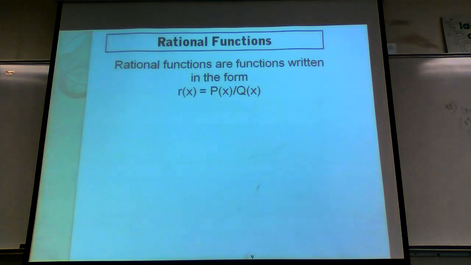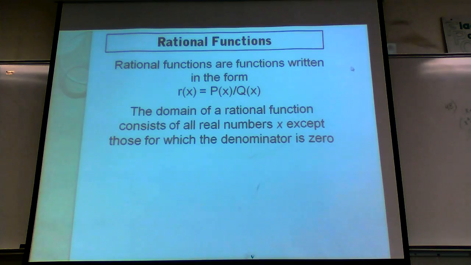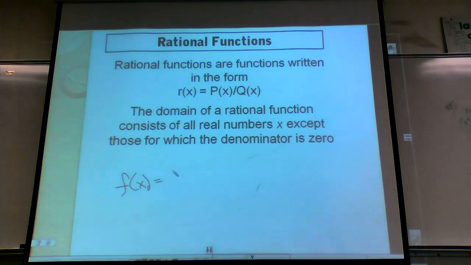Your most basic one would be 1 over x. Like, the most basic rational function would just be f of x equals 1 over x. And if you remember, guys, the easy asymptotes, the ones that most people remember, are the ones that affect your domain, which is anything that makes the denominator 0.